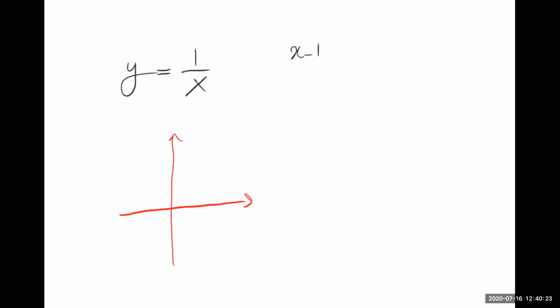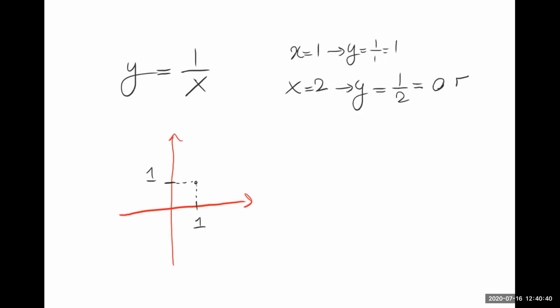If x is 1, y would be 1 over 1, which is 1. So if x is 1, y is also 1. It gives us this point. If x is 2, y is 1 over 2, which is 0.5. Is here, right? We want to discover the graph of this function.